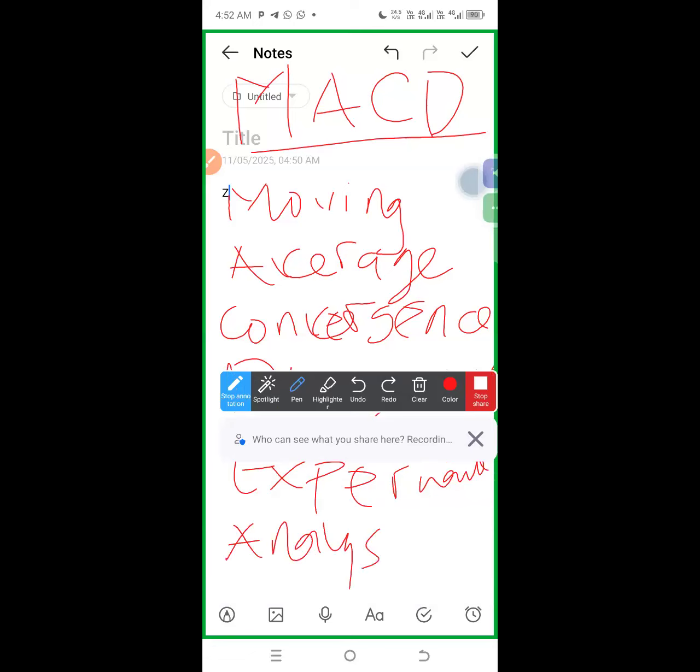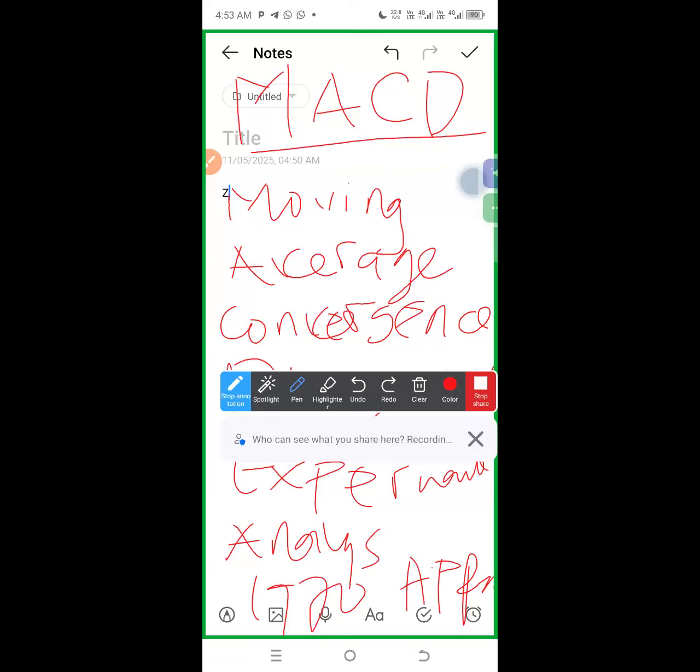The history behind MACD is that it was discovered in the 1970s by a man called April. He discovered how to use MACD, and since then it has been used by a lot of traders, including myself and yourself, and we are still learning how to use it effectively.